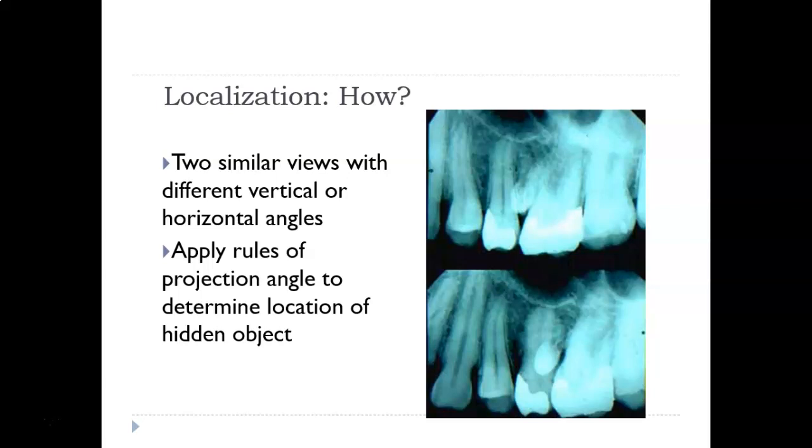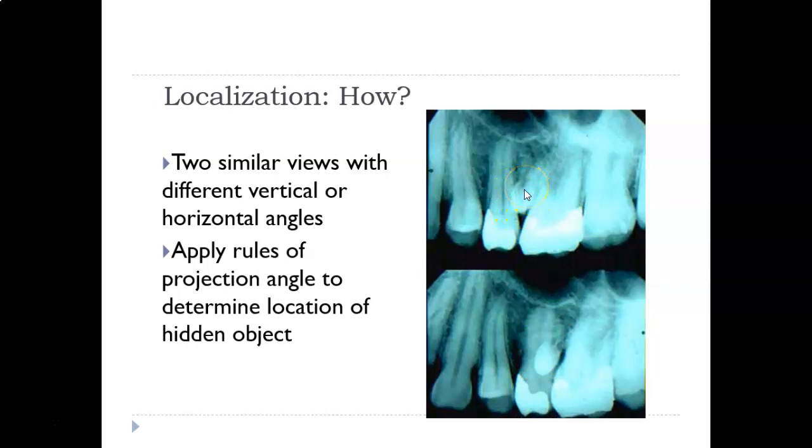When we change the angulation, we will notice that the object that we're looking at, whatever it may be, if it's bifurcated roots, if it's a supernumerary tooth, if it's an impacted molar, whatever the object is, when we take two films that were taken very similar but at different angles, we notice that the location of the object moves.